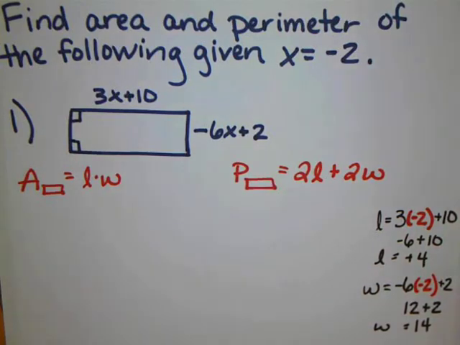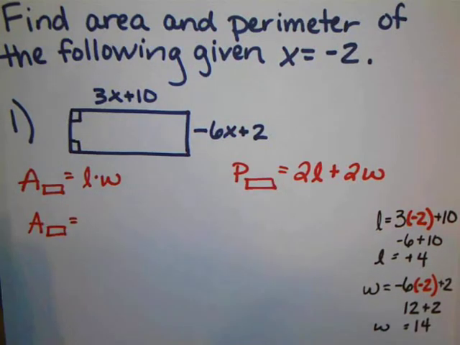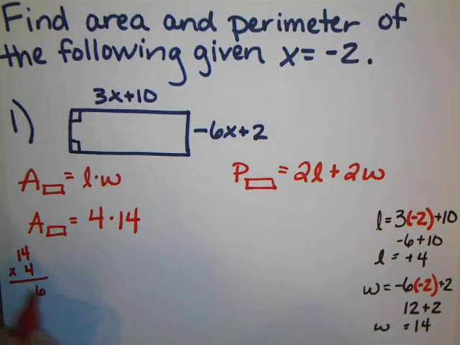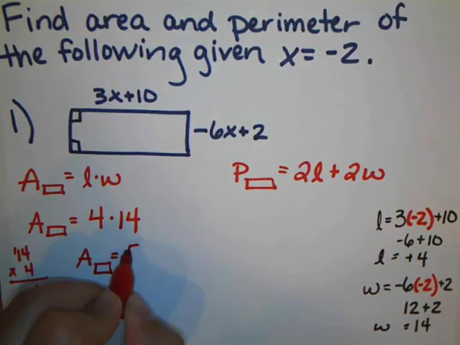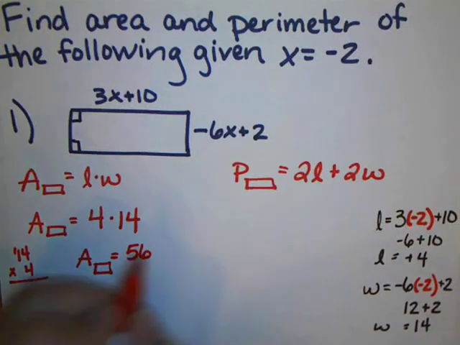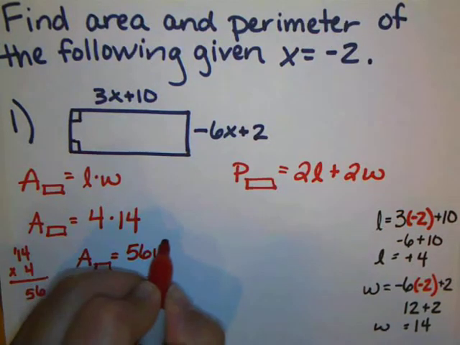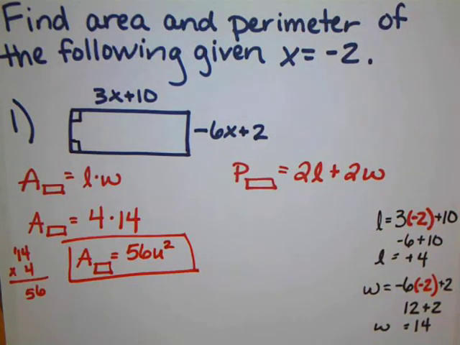Knowing that information, I can now plug that in to my area: length 4 times width 14. Off to the side, you can multiply 14 times 4, and you get the area of the rectangle is 56. This has not given us units, so we will just use U for units, and area is always squared. Put a box around that final answer, please.